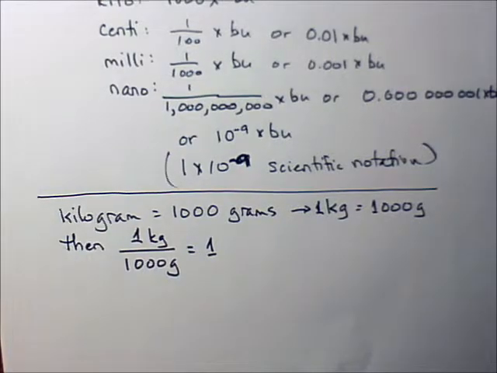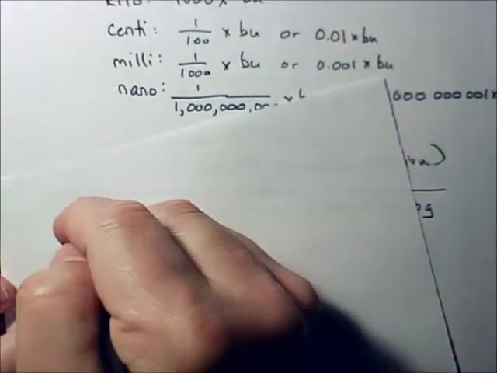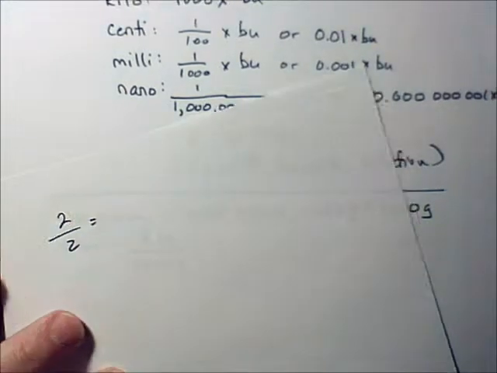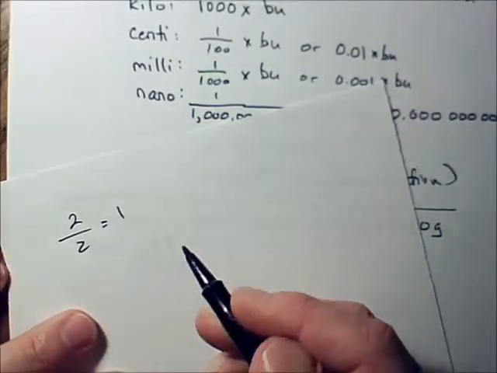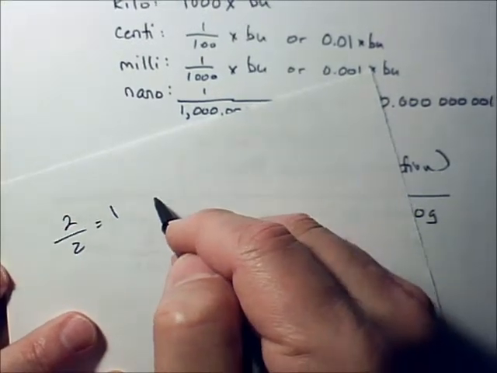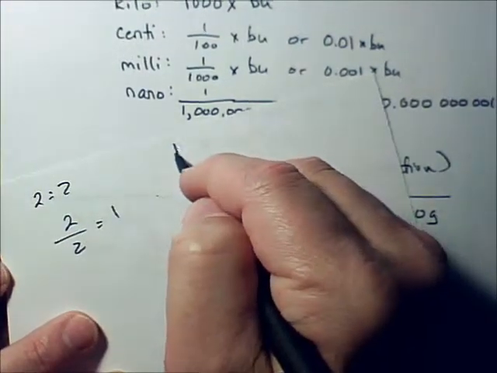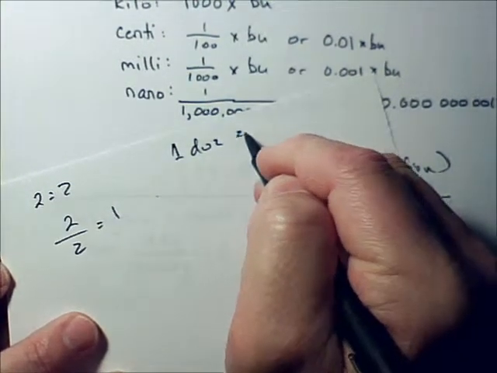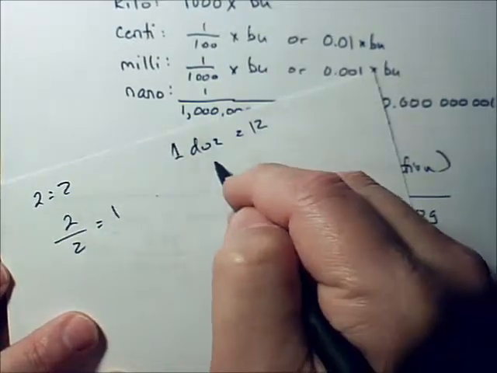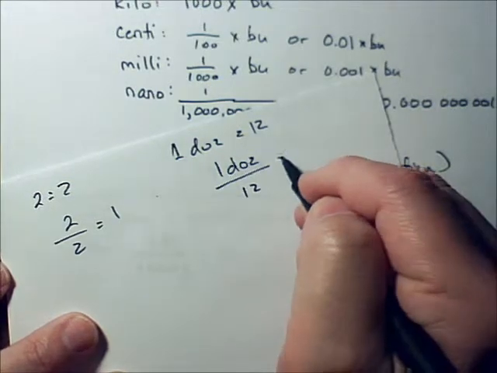So, here's the thing. If I put the number 2, let me go to another piece of paper here to illustrate the point. If I have the number 2 over the number 2, what does that equal? 1. Why does it equal 1? That's because 2 equals 2. If I have 1 dozen equal to 12, and I put 1 dozen over 12, that's going to equal 1.